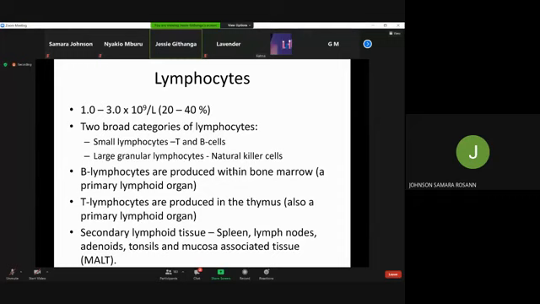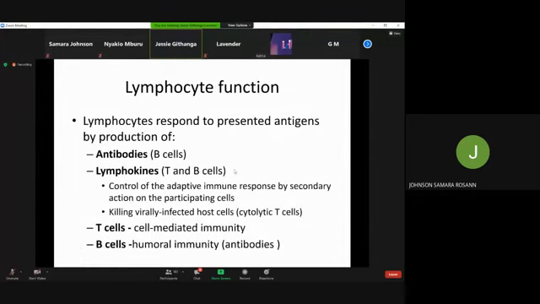So how do we achieve this immunity from the lymphocytes? The lymphocytes will respond to antigens. And remember, these antigens are the ones that are presented by the macrophage. The lymphocyte does not respond directly to the antigen itself, but to the antigen presented by the macrophage.